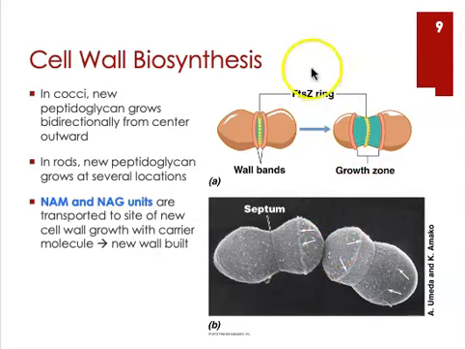Now, if you look on the right-hand side of this slide, up at the top, you can see an artist's drawing of a coccus-shaped parent cell undergoing elongation. And what's been drawn here in this brown beige color is the cell wall. So you can see that the parent cell has cut into the cell wall.